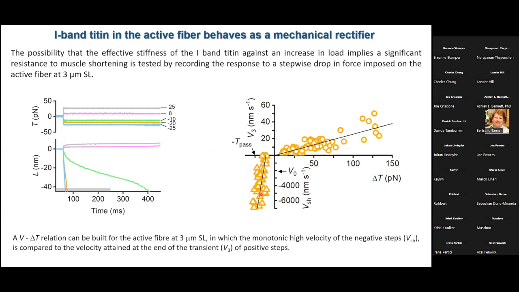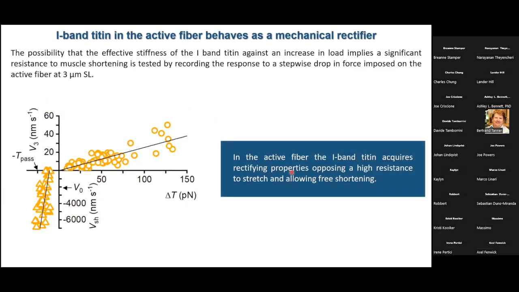In fact, the restoring force exerted by titin at 3 micrometer is about 25 piconewton, this arrow here, and accounts for a velocity that is more than twice the maximum shortening velocity of the myosin motor in control condition. So we can conclude that in the active fiber, the half-sarcomere titin acquires rectifier properties, opposing a high resistance to stretch, but allowing free shortening.